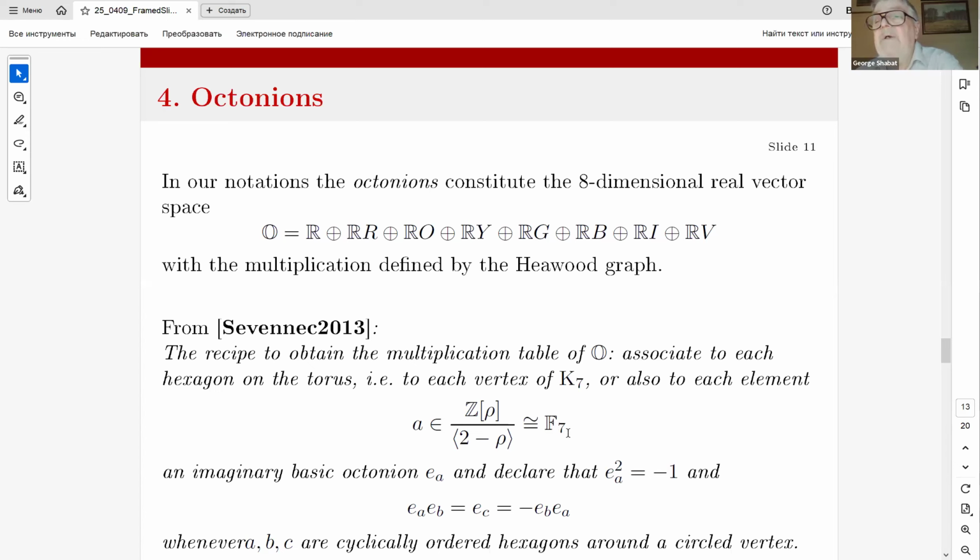And now, the 7 elements correspond to the imaginary units, and we just define all of them being imaginary units, with the simplest multiplication rule that can be drawn. Sorry for my not drawing it. Again, it's much better understood dynamically: cyclically ordered hexagons around a circled vertex.